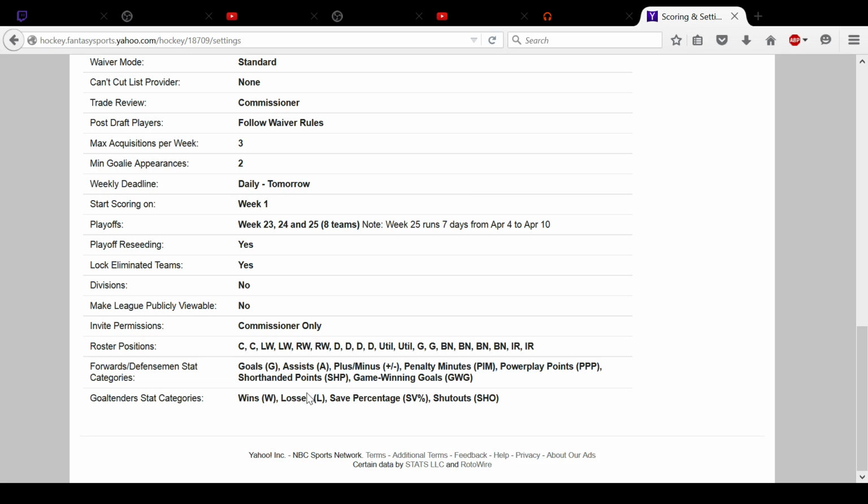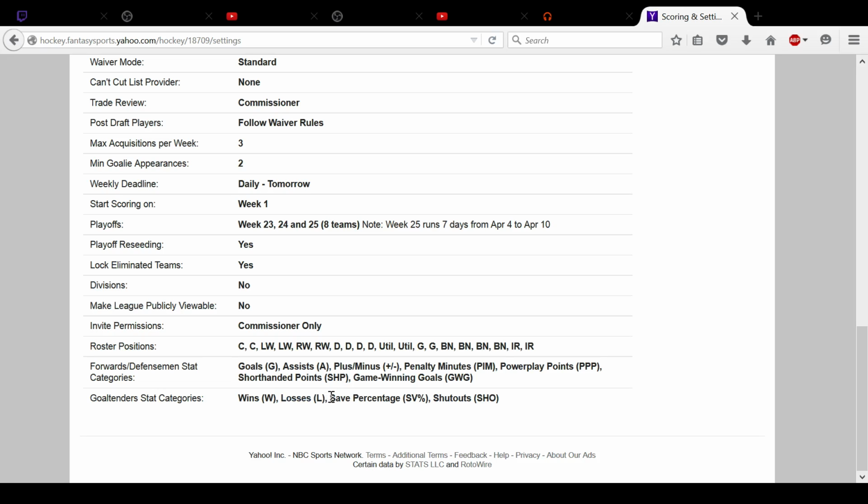So if you have this category in your league and you have more than 2 goaltenders, you really have to take a look at how many losses those are getting you versus guys that are running just 2 goalies, because often your goalies will play a little bit better but still end up with more losses, just because you have more goalies on your team.